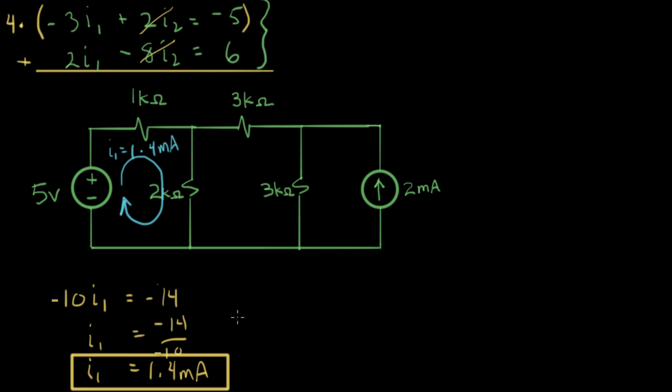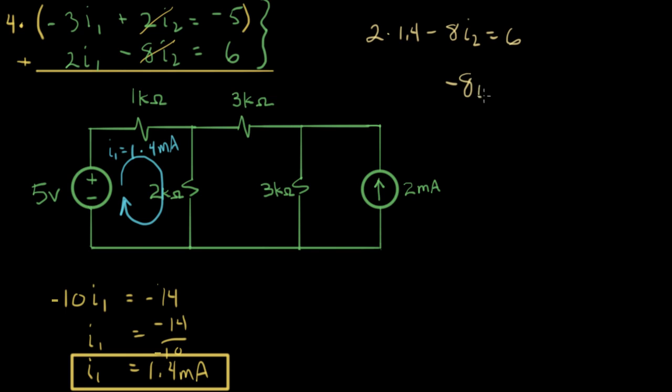Now that we know I1, let's just choose one of our original equations here and figure out what I2 is. We'll plug in 2 times I1, which is 1.4 milliamps, minus 8 I2 equals 6. And now we have to figure out I2. So let's solve this.